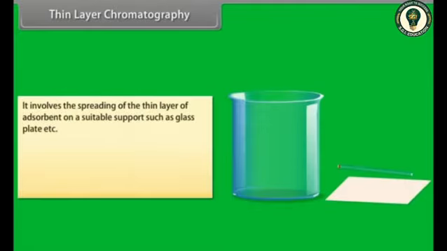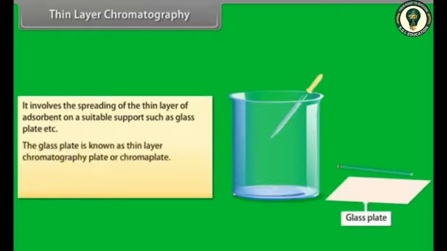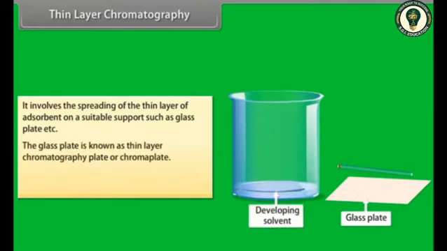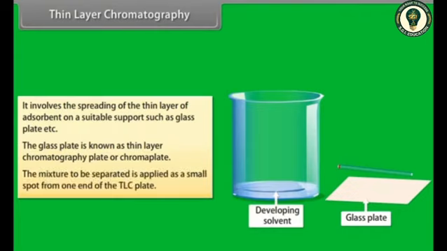Thin layer chromatography. It involves the spreading of a thin layer of adsorbent on a suitable support such as a glass plate. The glass plate is known as a thin layer chromatography plate or chroma plate. The mixture to be separated is applied as a small spot near one end of the TLC plate.